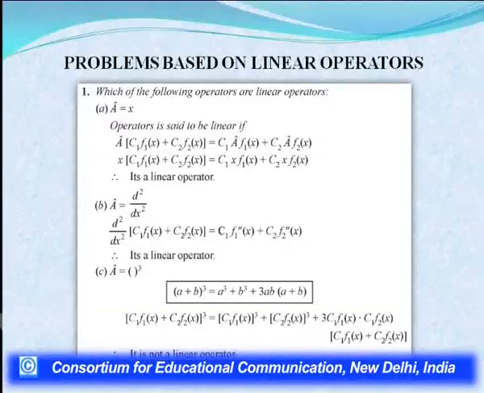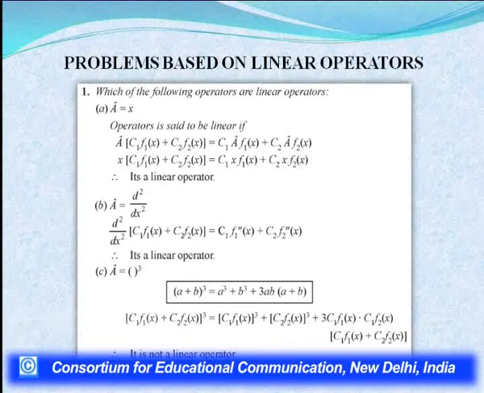Now we will discuss some problems on linear operators. Suppose we have question number 1, see the slide. Which of the following operators are linear operators? You can understand better from these numericals. Suppose we have an operator A which is x. What is the definition for an operator to be linear?